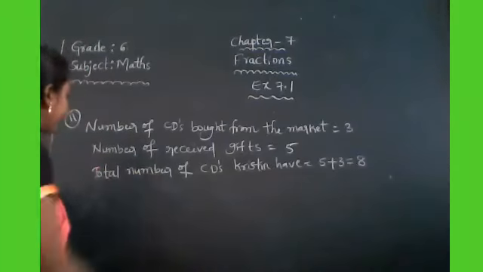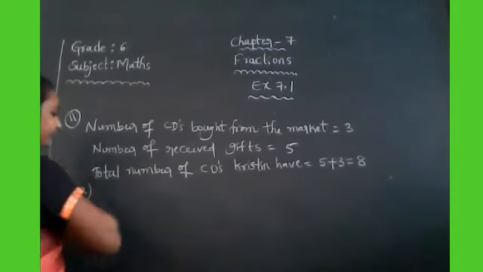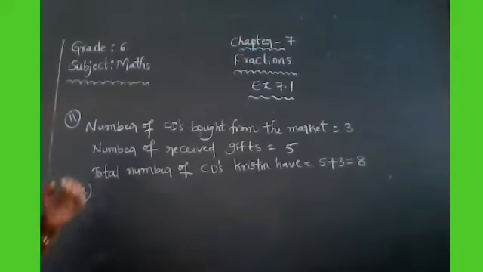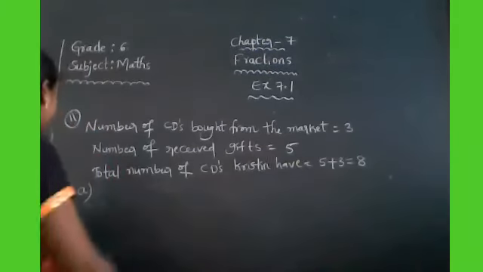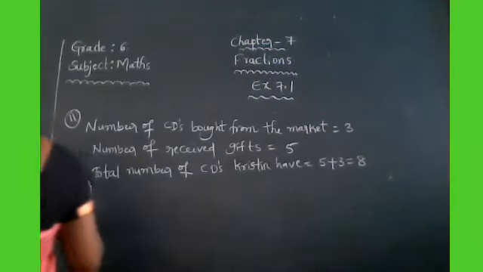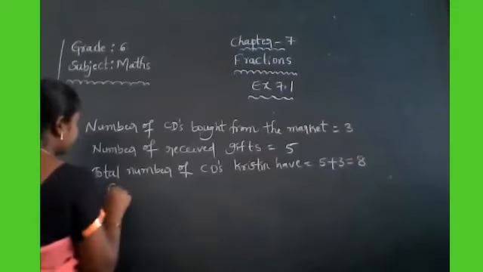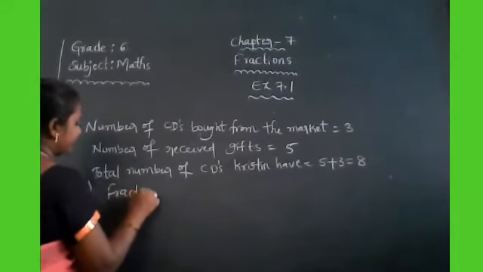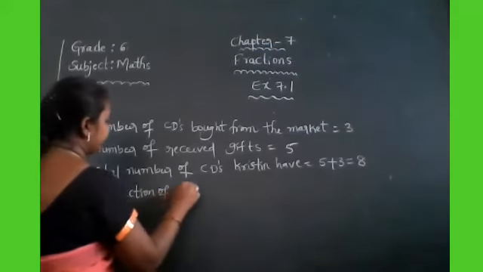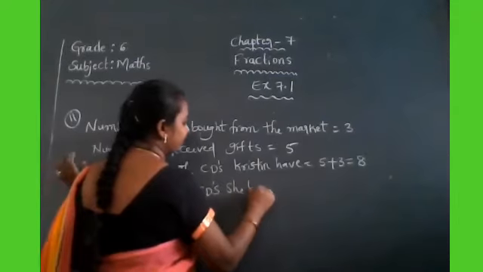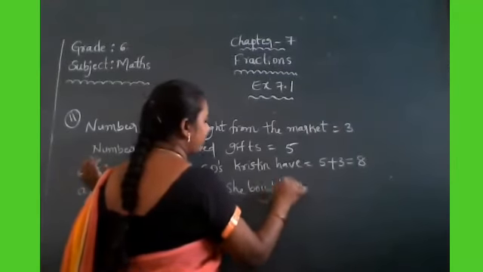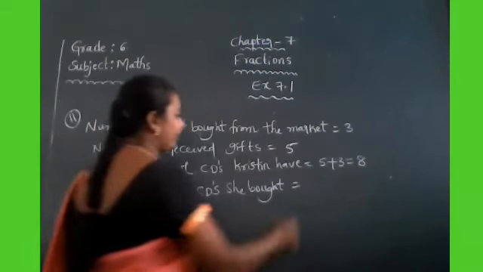So next, find the fraction of how many CDs she has bought. That fraction you have to find. So first, fraction of CDs she bought. How many CDs did she buy? 3.